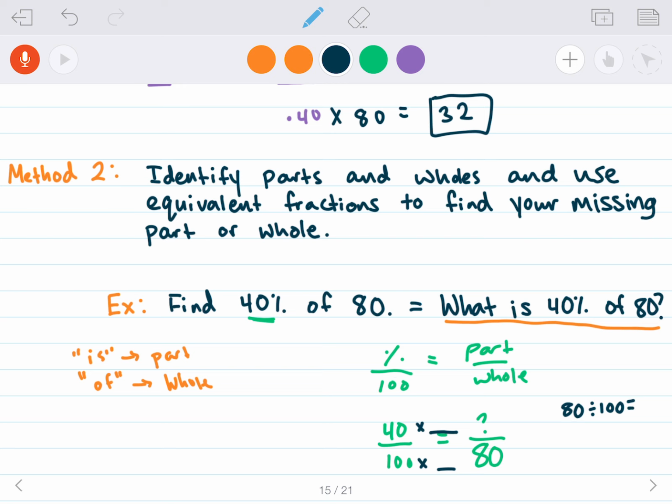So 80 divided by 100 is 0.80, and so that's our missing number. Turns out that 100 times 0.80 is 80, so I do the same thing at the top, and 40 times 0.80 is indeed 32, and that we confirmed with our first method.